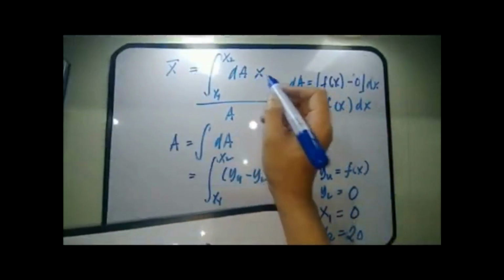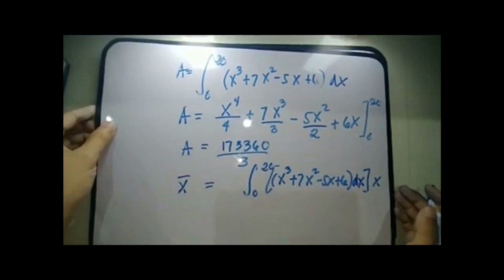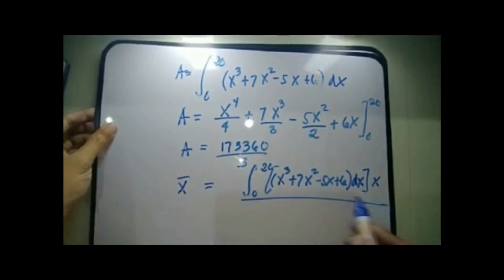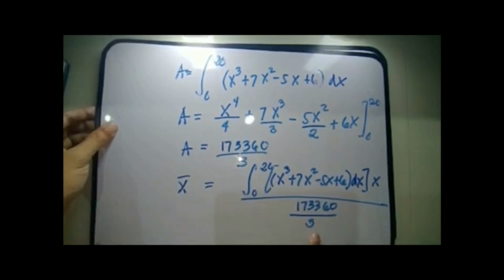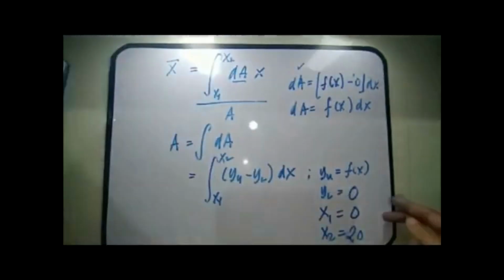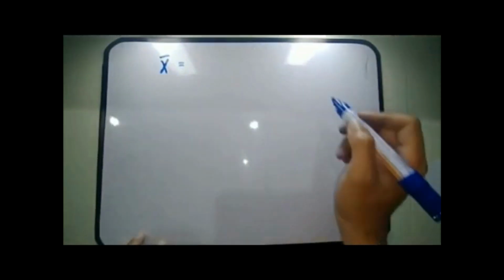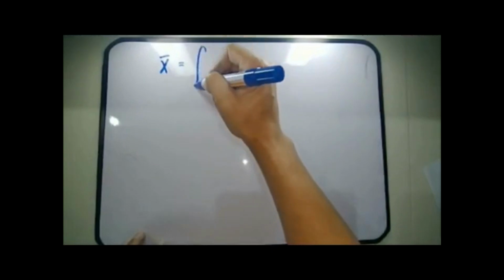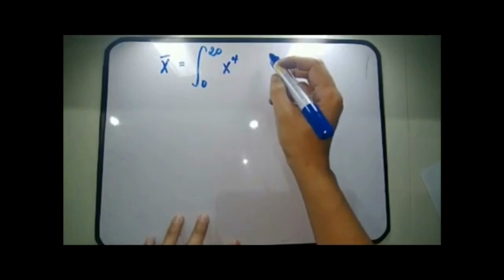So, times x all over area na nakuha natin, which is 173360 all over 3. So, x bar is equal to the definite integral of, so yung limit natin 0 to 20.